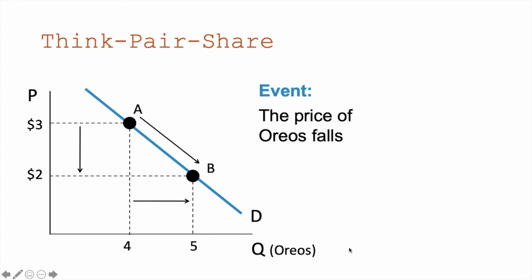So the answer to this question, if I said what changes when the price of Oreos falls, the correct answer would be quantity demanded increases because it went up from 4 to 5, this amount down here along the bottom of the graph. So a wrong answer would be demand increases, even though it might be tempting. Remember, demand's the whole thing.